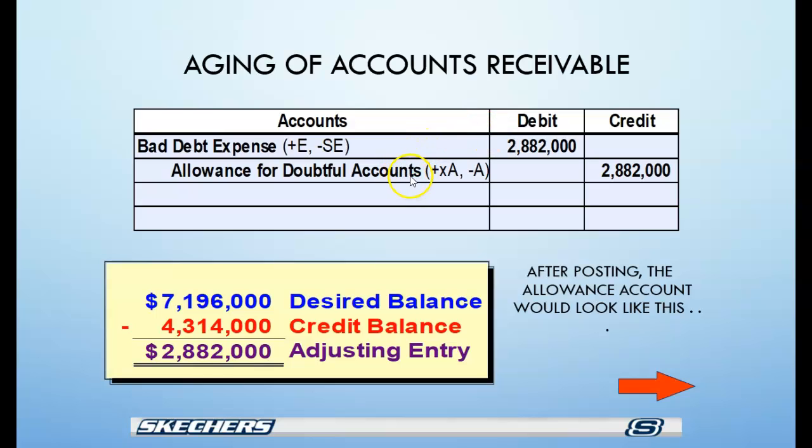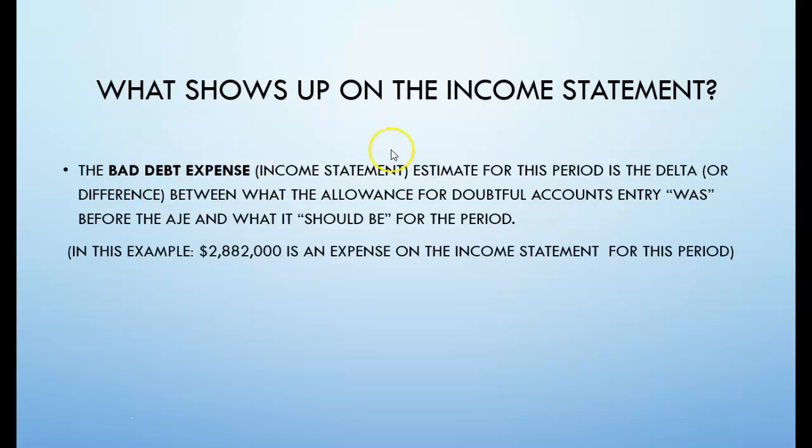This allowance for doubtful accounts or uncollectible accounts is a contra asset account. It belongs with the accounts receivable, and then the bad debt expense will show up on our income statement. The estimate we're doing here is based on our balance sheet, so that the balance sheet reflects the allowance for uncollectibles and what we believe will be the net cash that we receive, so the accounts receivable, less the allowance for uncollectibles.